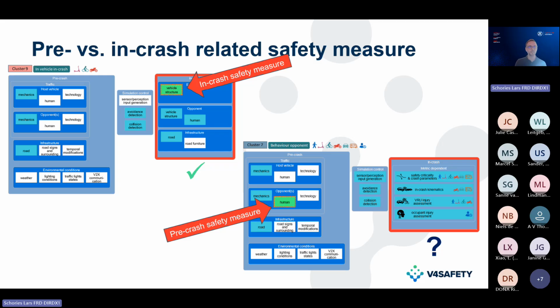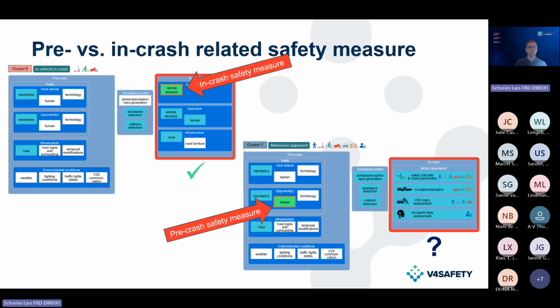So if you want to, for example, change the restraint system, you need to have mechanics, ego, opponent, the road definition, and you need to think about your ego vehicle information to really talk about in-crash safety measures. So this is what you need. And then the technology is also applied here. So finally, you need to perform in-crash simulations as well to assess your technology.